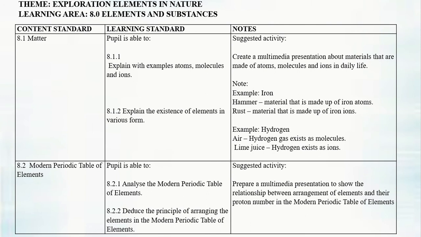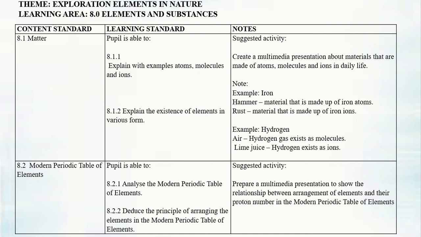Next is elements and substances. In this topic, you will learn about matter, which is more to do with chemistry. Students need to be able to explain with examples atoms, molecules, and ions, and also explain the existence of elements in various forms.